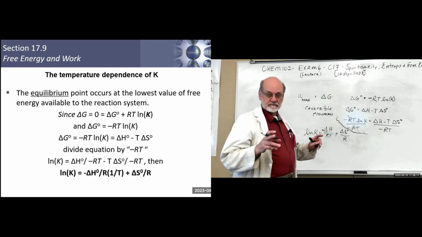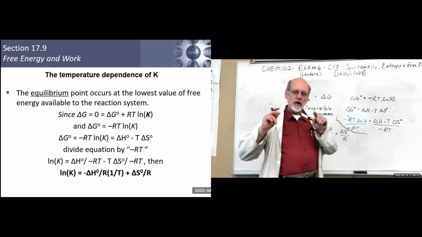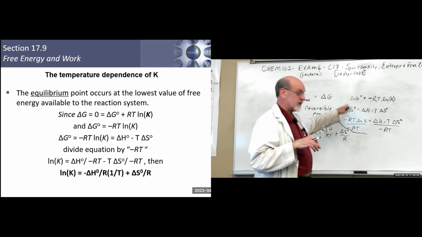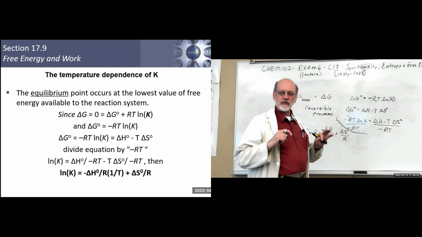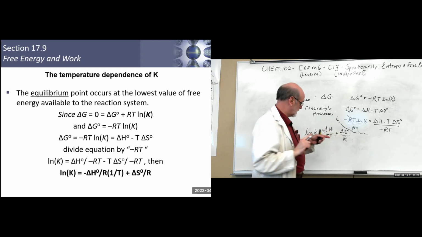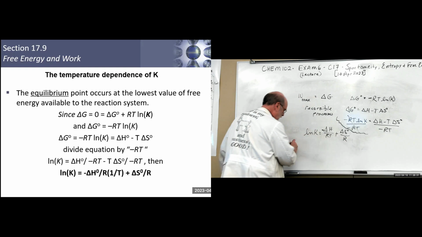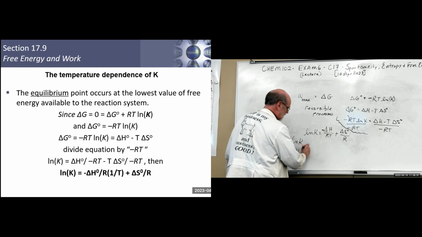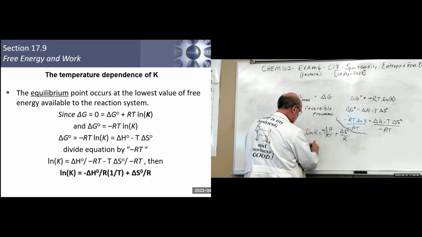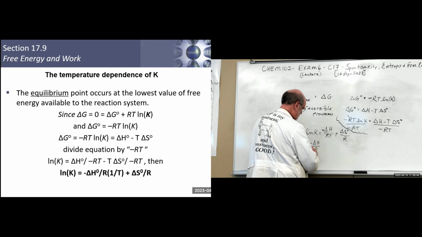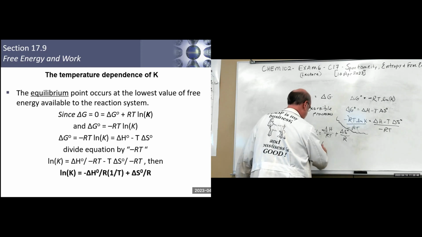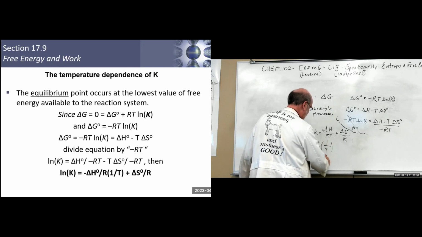Now we're getting there. What we want to do is rearrange this equation some way, which we've been doing, in order to get a straight line relationship. We want to know what's the relationship between K and temperature. So if we have the log of K as our Y value, and we take negative delta H over R as our M value, and then 1 over T as our X value, right?